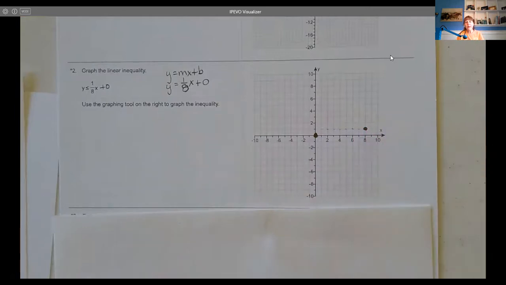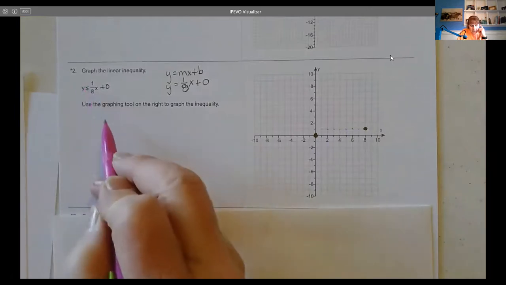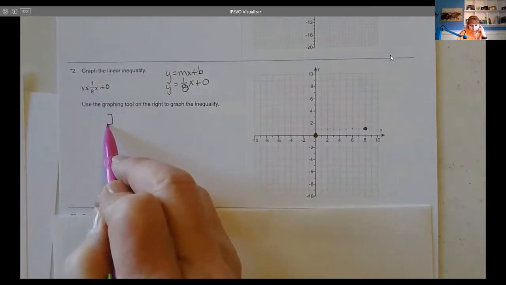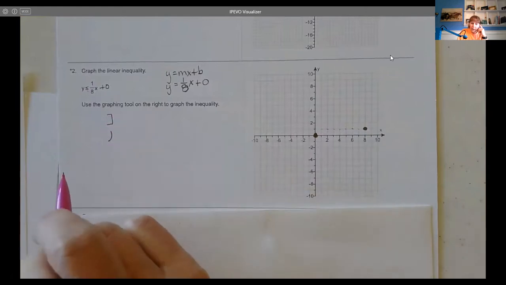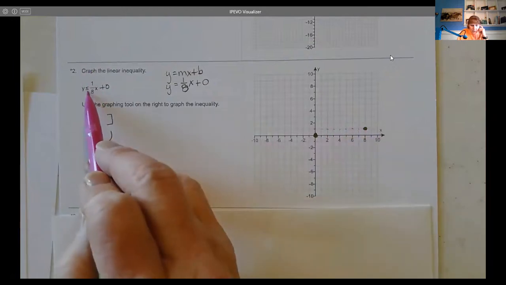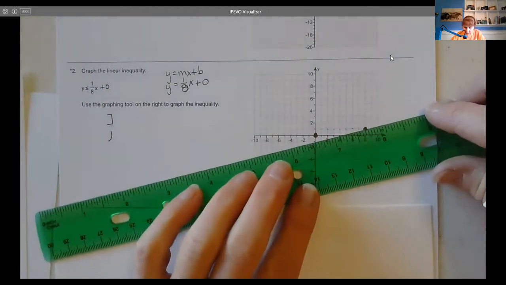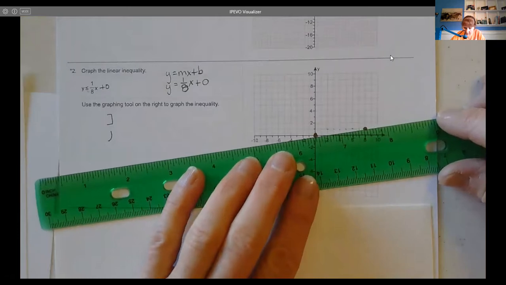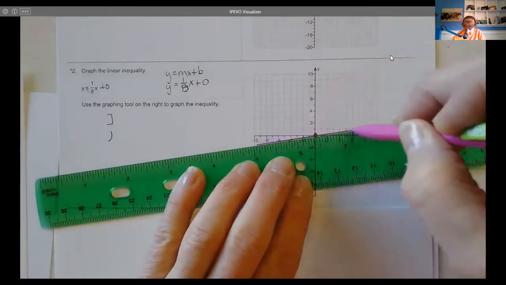Above the 8. Okay, now it's different as far as if it has a bar, just like on the last section, if it had the bar, it included it, and if not, it was a parentheses. Well, here, when you're connecting this line, if it's equal, it means solutions fall on the line, and so you have a solid line connecting it.